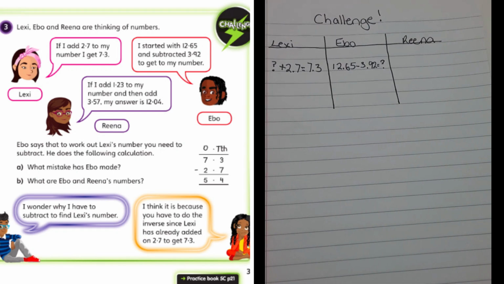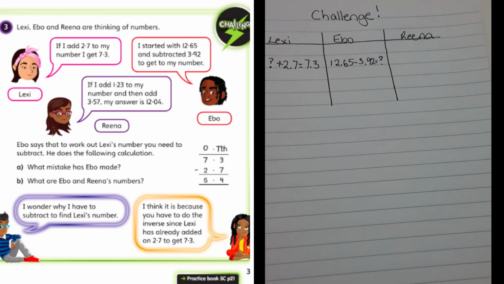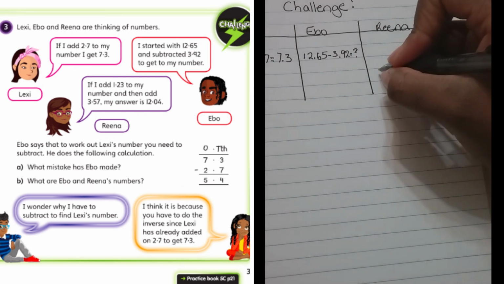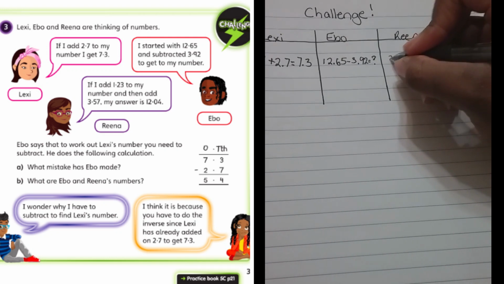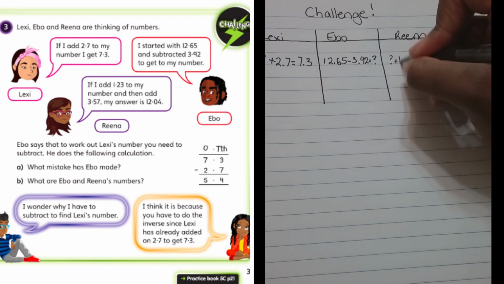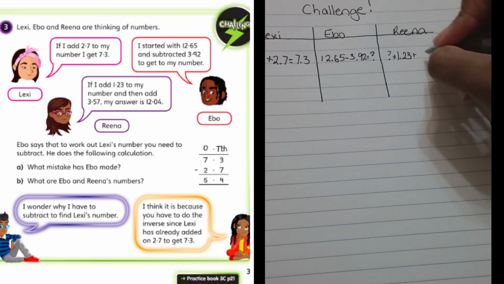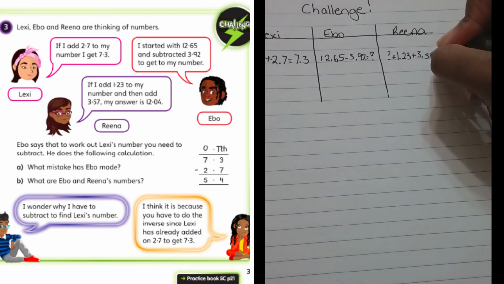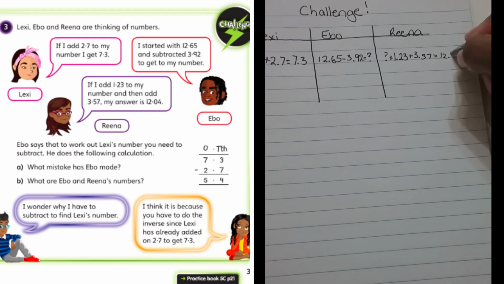And finally, Rena said, if I add 1.23 to my number and then add 3.57, my answer is 12.04. So hers seems to be the most complicated. She starts with her number and adds 1.23 and then adds 3.57. She'll get 12.04.